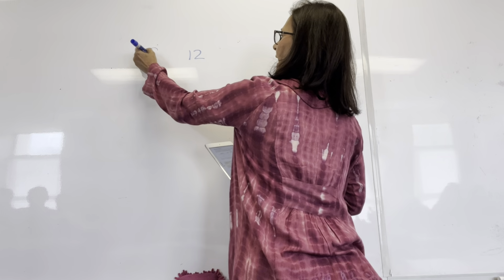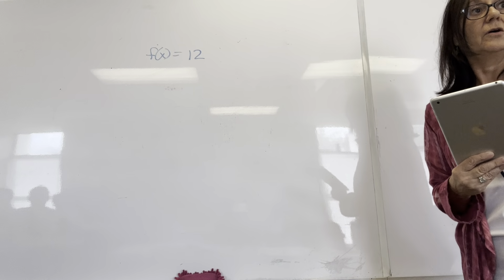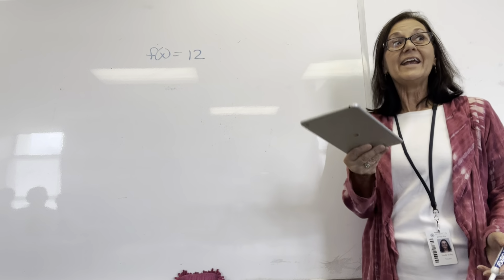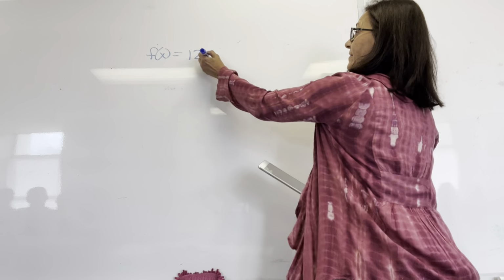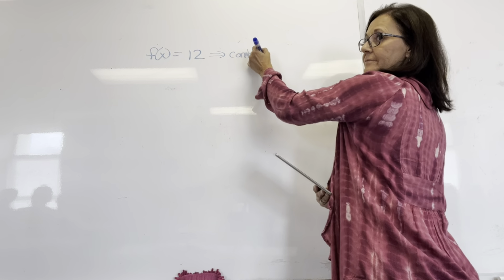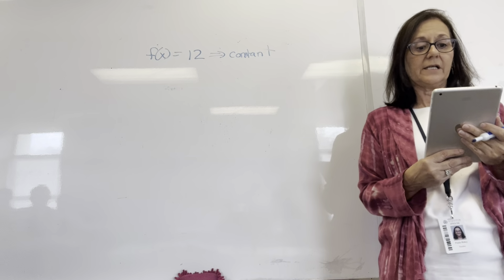So it looks like f of x is that. What's that called? It's a 0 degree, but the name of it is called a constant. That's a constant polynomial because it only has a constant term.